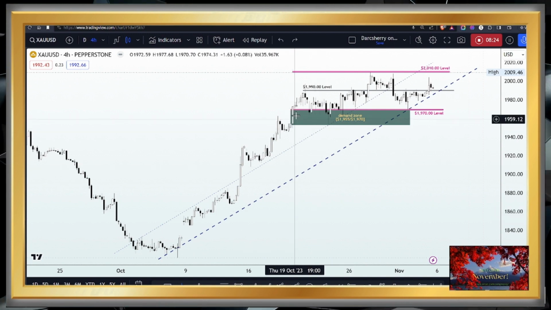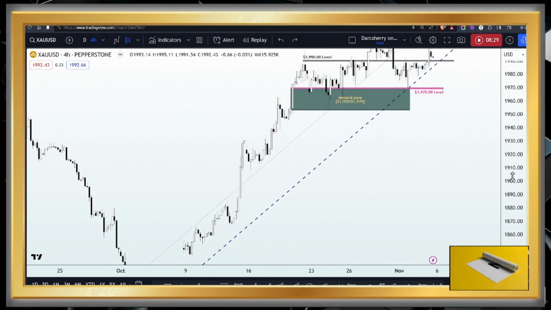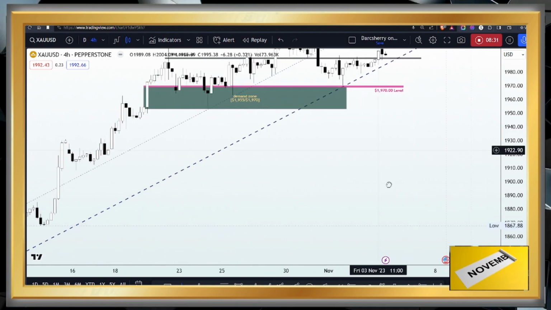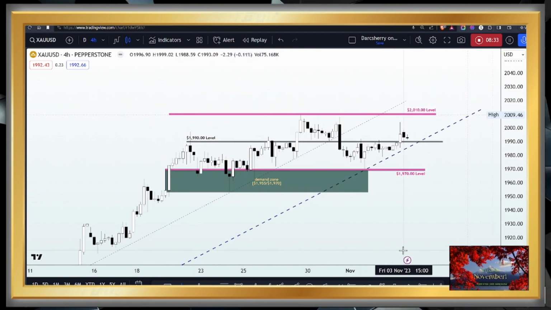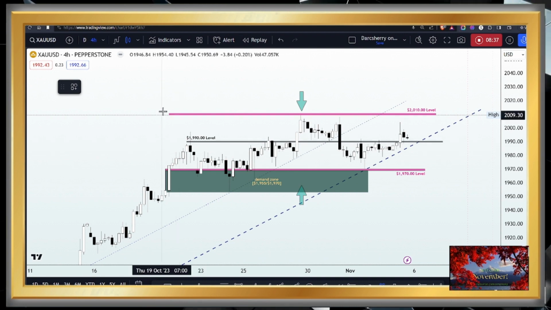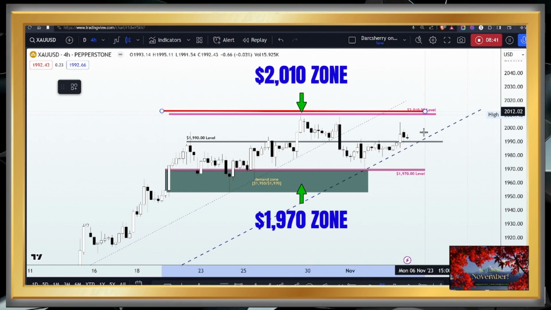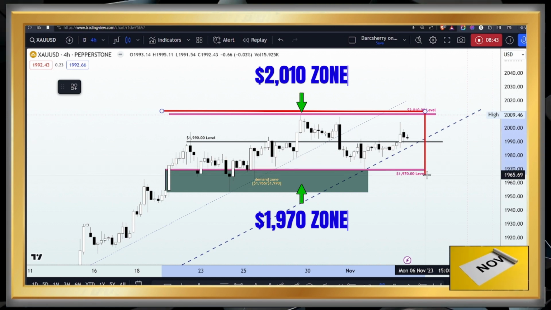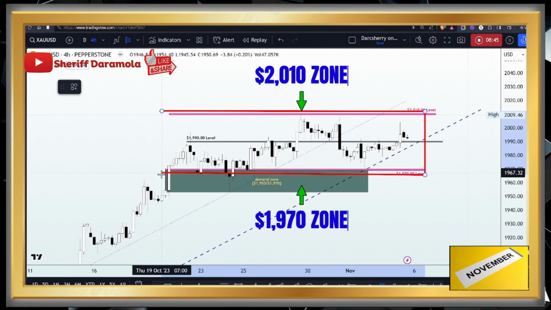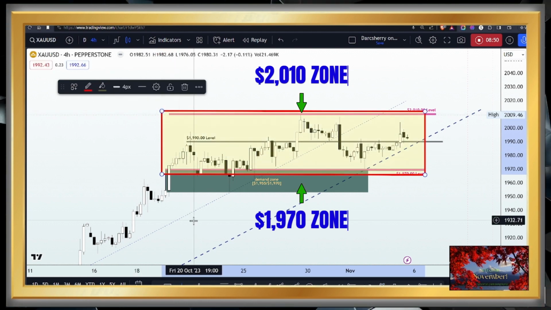Now, in addition to that ascending trend line is the fact that in the last 2 to 3 weeks, you will see how the trading activity has been confined within a specific range between the $2,010 mark, which happens to be my key level for this week, and the $1,970 zone, to emphasize the level of indecision in this particular market.